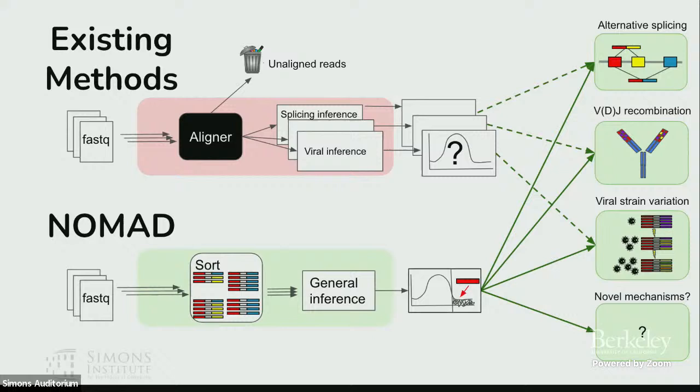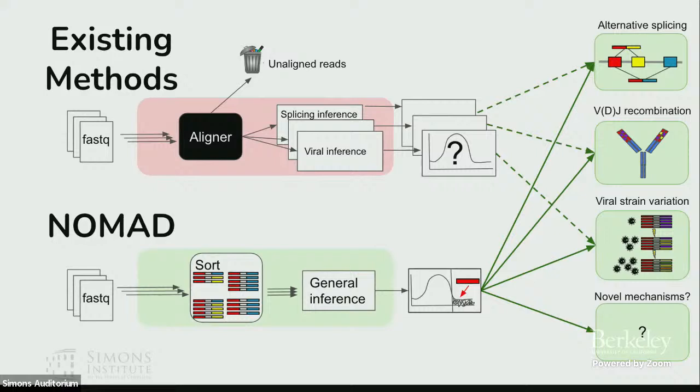Compared to existing methods, NOMAD's workflow takes in the raw FASTQ files, sorts them and parses them into contingency tables. It performs valid statistical inference incredibly fast, and then it does post facto inference for interpretation. Sorry, when I say inference, I mean human interpretation.